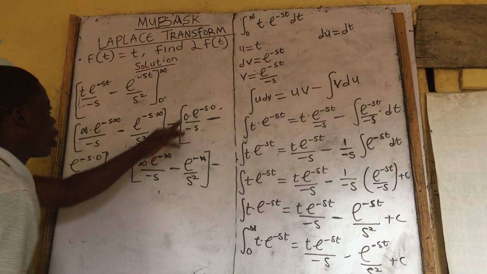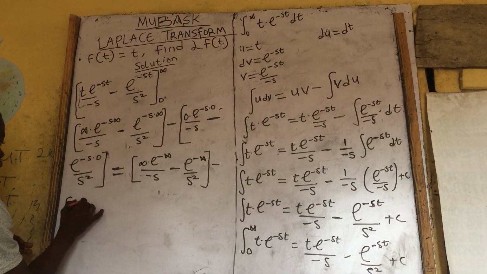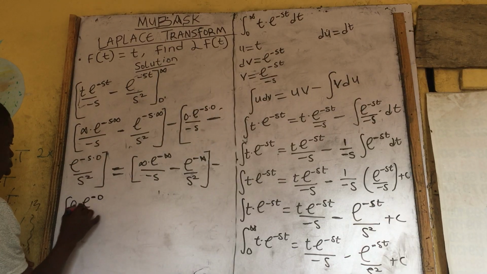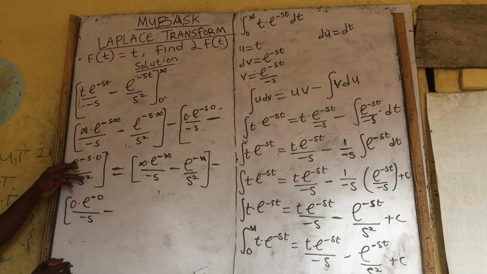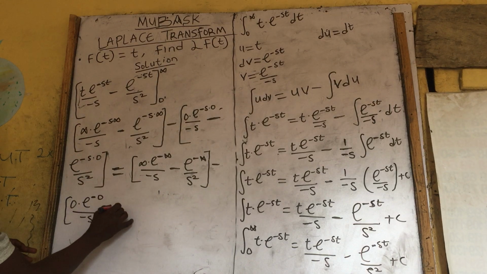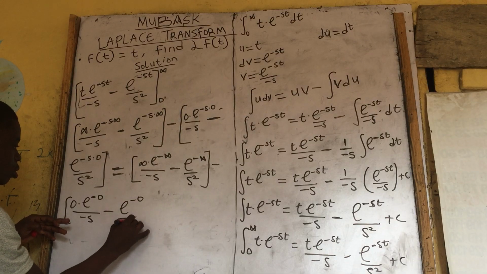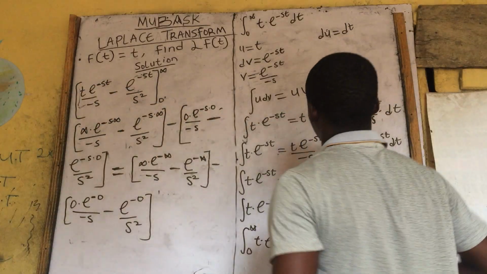Minus, what is our lower limit? 0 times exponential minus s times 0 giving us minus 0, divided by minus s, minus exponential minus s times 0 giving us 0, minus 0 divided by s squared. Let me write it in full like this also.